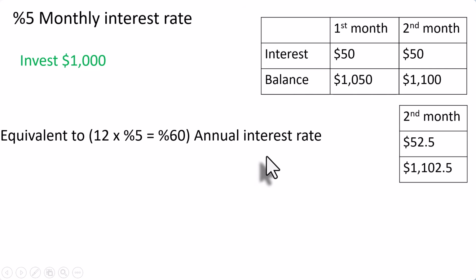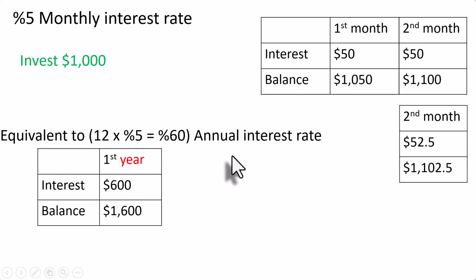Now, based on a 60% annual interest rate, my interest earned in 1 year is going to be 60% of $1,000, which is equal to $600, and my balance after 1 year is going to be $1,600, which comes from adding this 600 to my initial $1,000 investment.